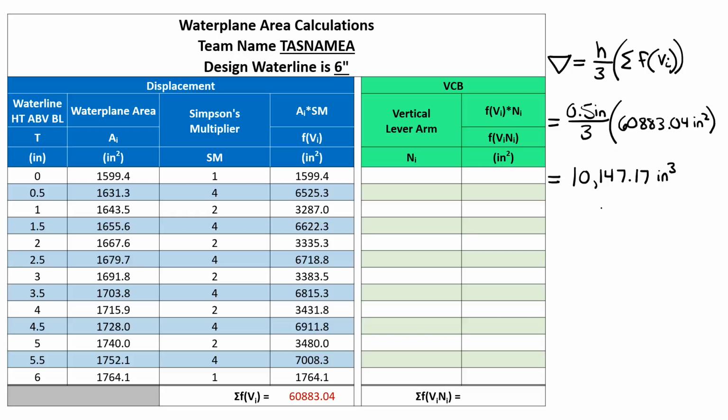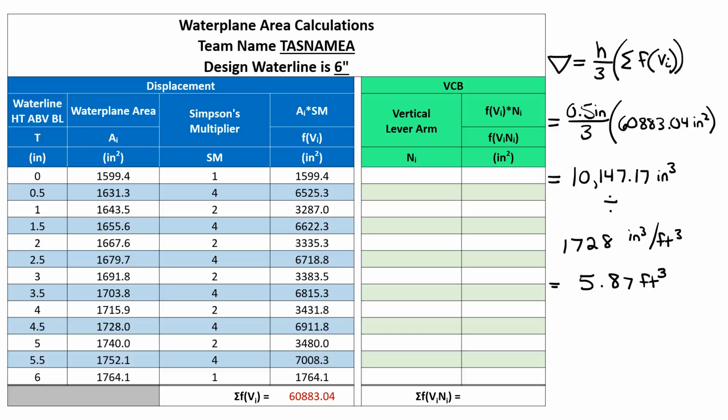To get this to a more reasonable number, I divide this by the conversion factor. And now I can visualize this better as a volumetric displacement of 5.87 cubic feet. So now my boat is displacing this much volume of water.